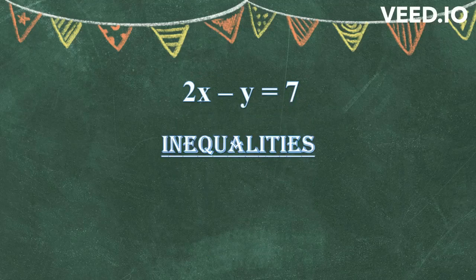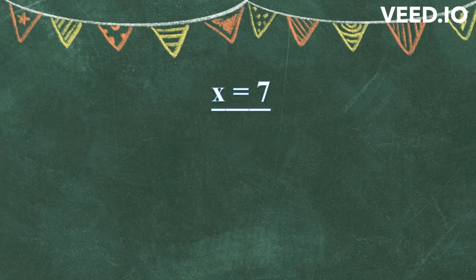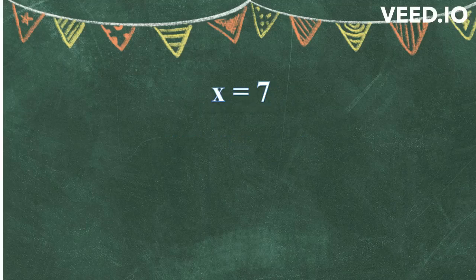If we say it is an inequality, then let's take this example: 2x minus y is less than 7 or greater than 7. We have x equals 7 here. This is an equation where x is equal to 7.